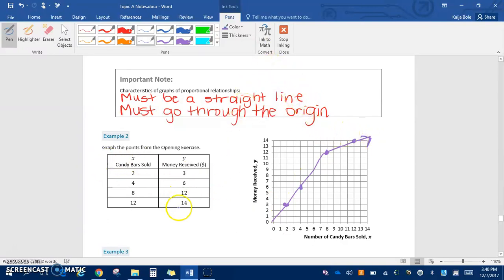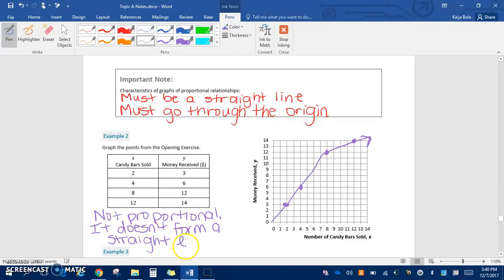Alright, so we need to determine if it's proportional or not. We know that it does go through the origin, but the line isn't straight, so that means it's not proportional. So we would say not proportional. And you would say it doesn't form a straight line. Alright? So that's why it's not proportional.